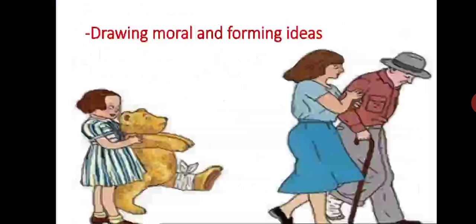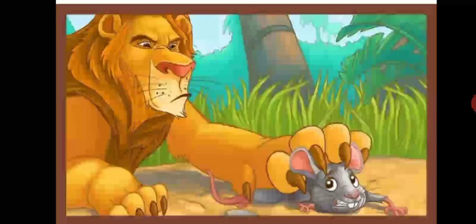So here is an example of moral values. A mother of a child is helping a person. So the girl is watching and tries to copy her mother. So moral values should be taught like that. Here is an example of the lion and the rat.